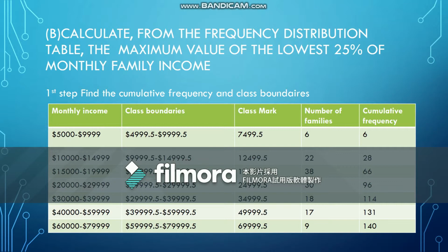For the cumulative frequency, we can add up the number of families by using 6 and then adding 22, and then we find that the cumulative frequency is 28, and so on.